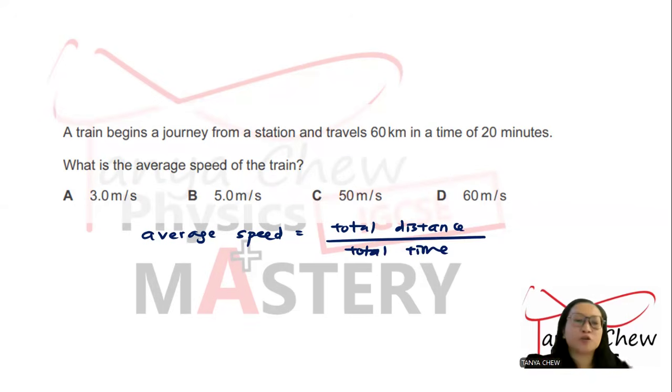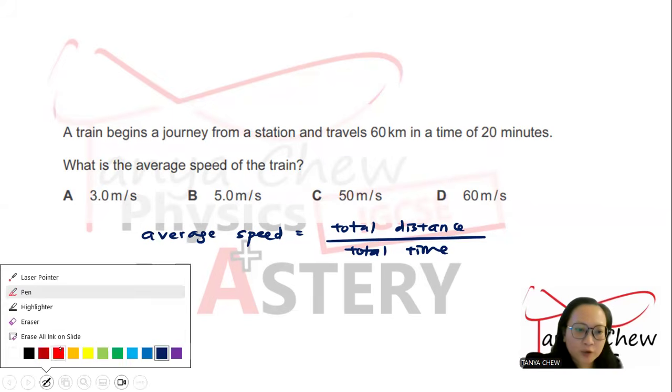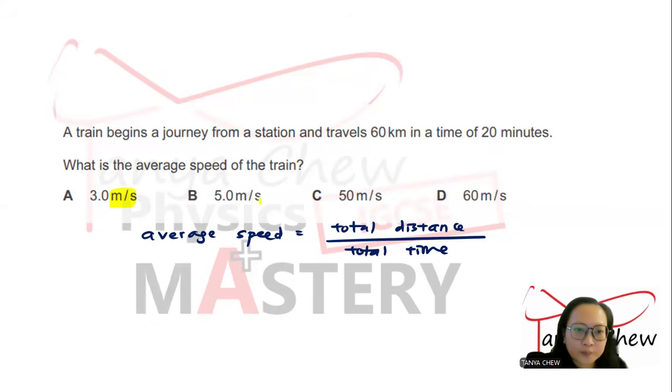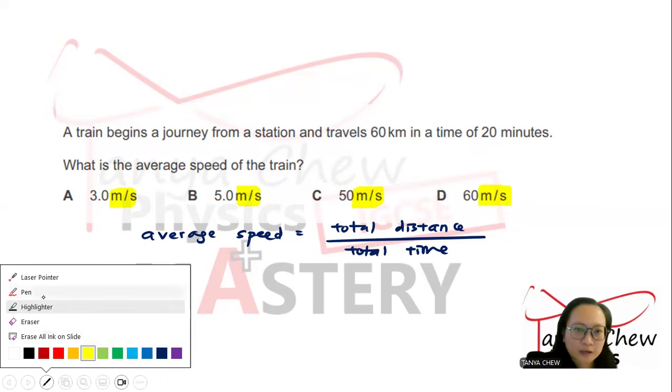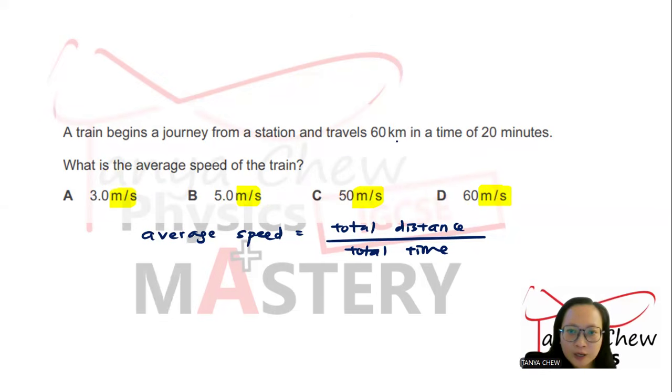Look at the units. The next step is to look at the units given. The units in all the choices are meter per second, but the distance given here is in kilometer, so you have to change that distance to meter. 60 kilometer, you change to meter, you times 1,000.